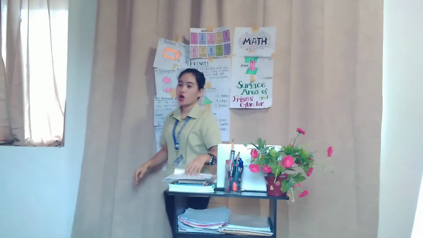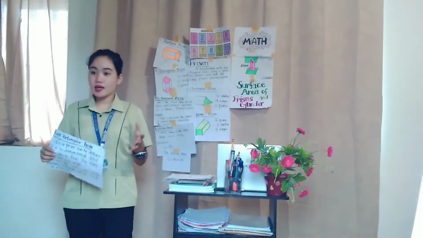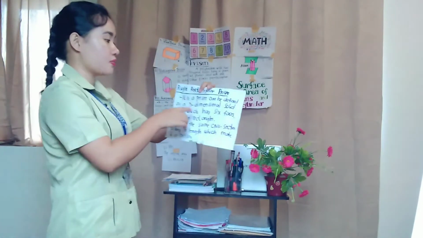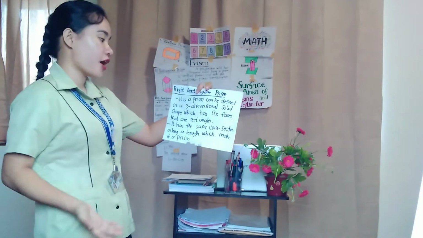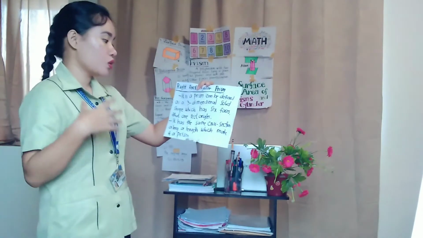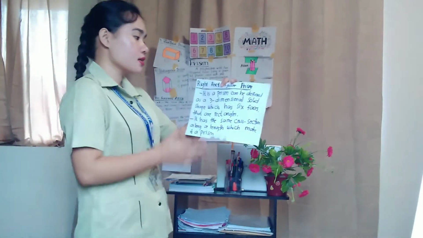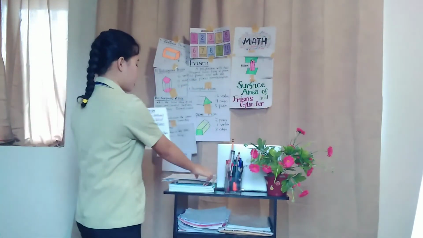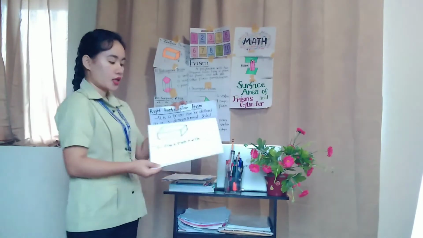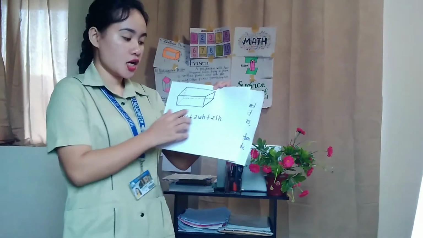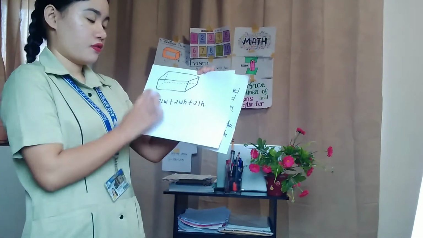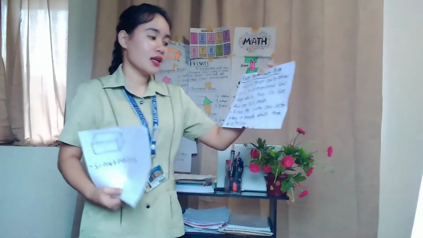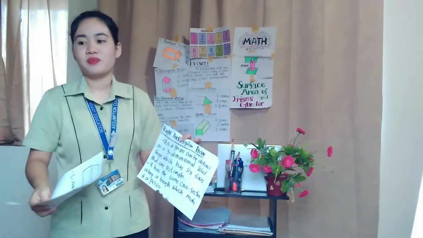Now we're going to discuss the right rectangular prism. A right rectangular prism can be defined as a three-dimensional solid shape which has 6 faces that are rectangles. This is the shape of the rectangular prism. It has 6 faces, and it has the same cross section along its length, which makes it a prism.